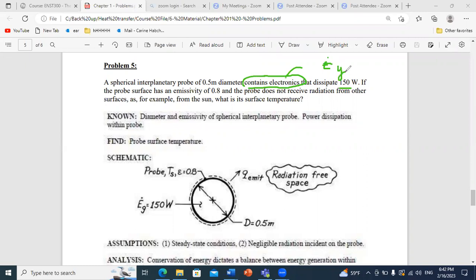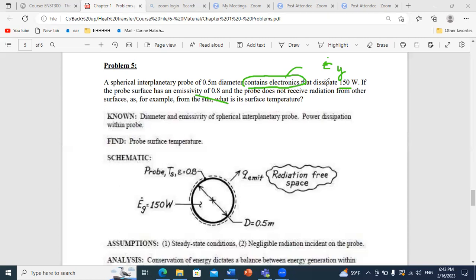If the probe surface has an emissivity of 0.8, so here, whenever they give you the emissivity, you can say that we cannot neglect transfer by radiation. In some problems, especially when you have forced convection over the surface, convective transfer can be dominant over radiation.